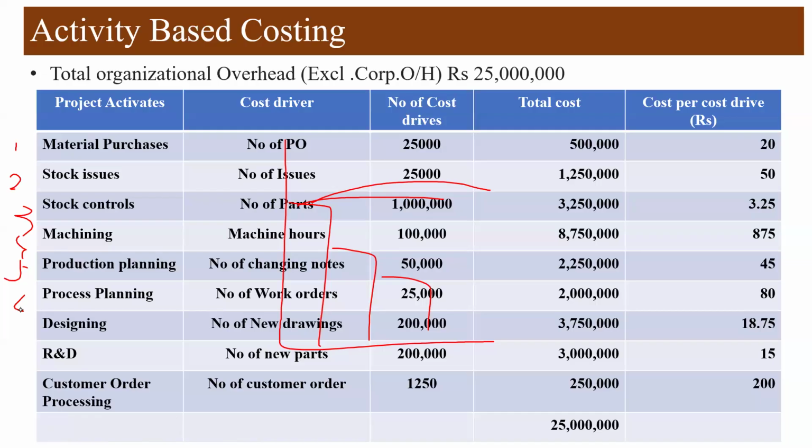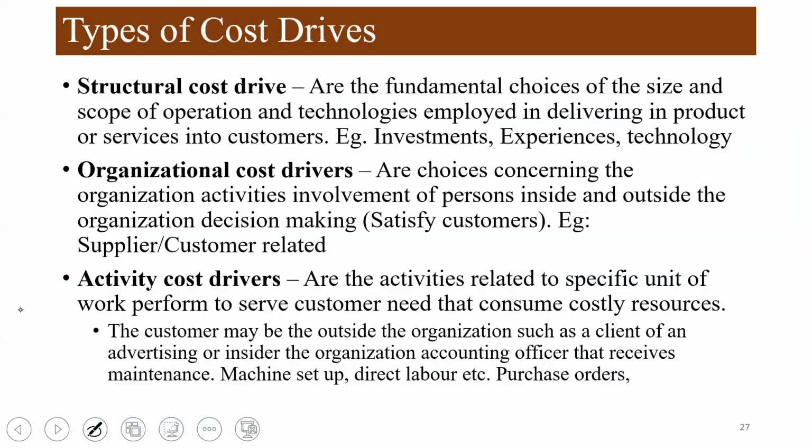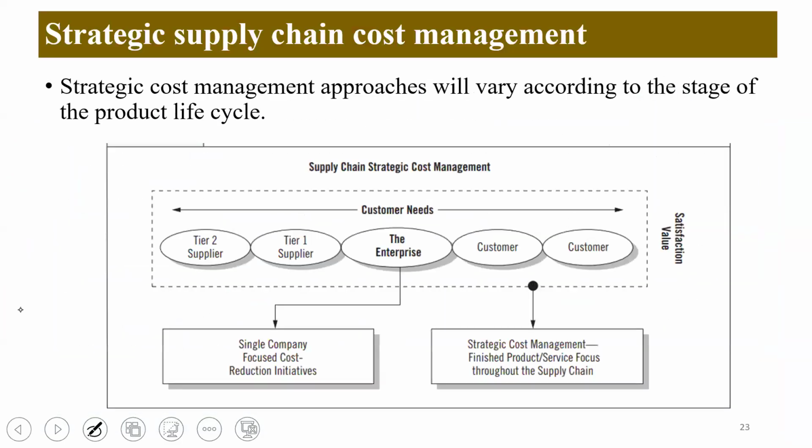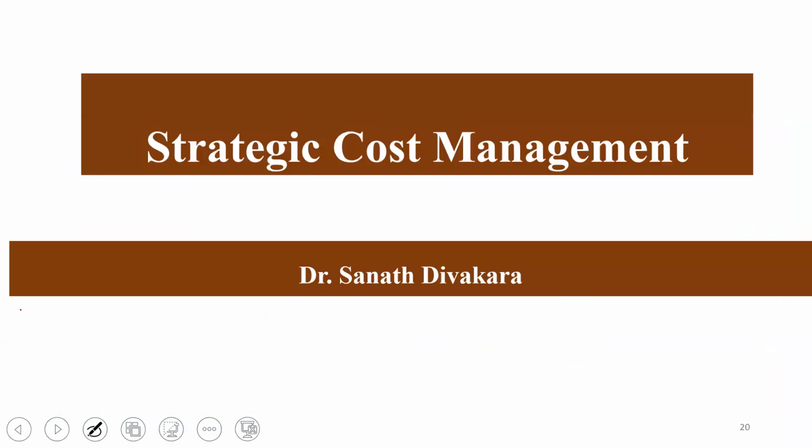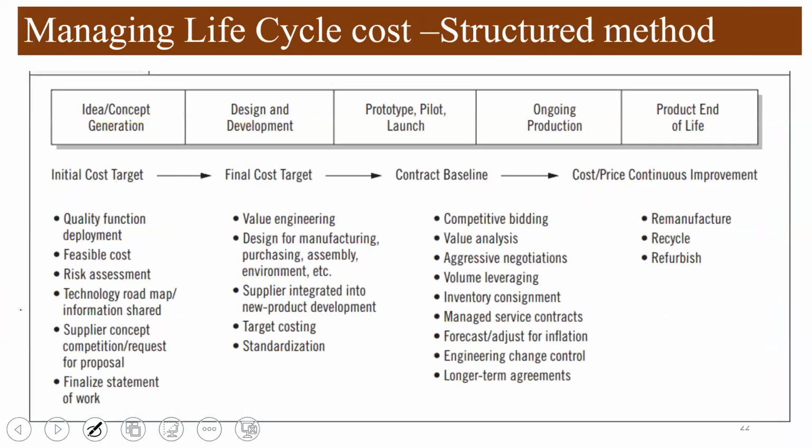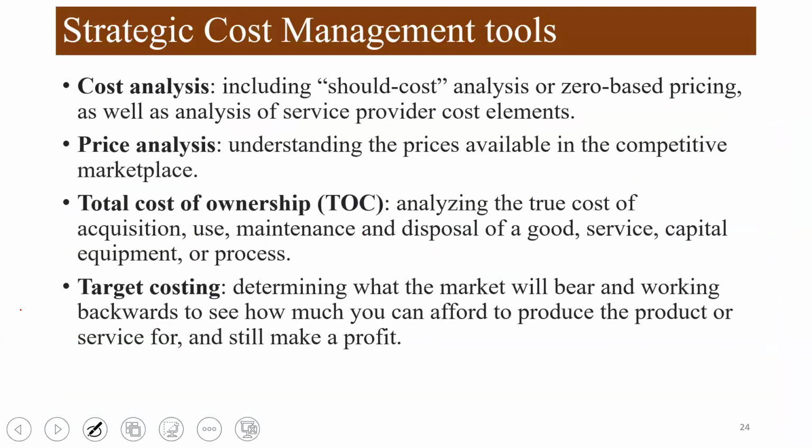If you do something to that 20% of the items, 2 items out of 10, then you can solve 80% of the problem, right? I have explained that part under quality management. I'm just giving you some thoughts, right?